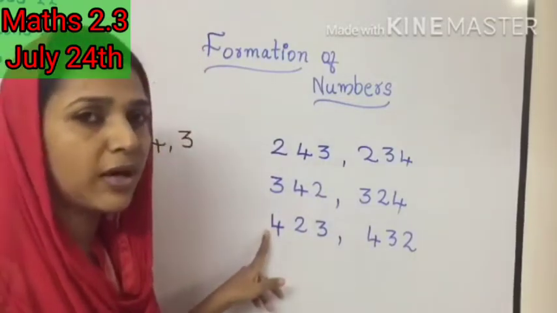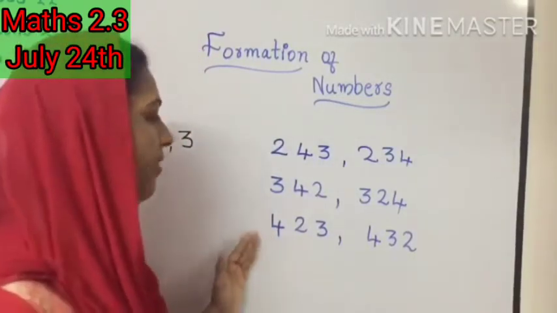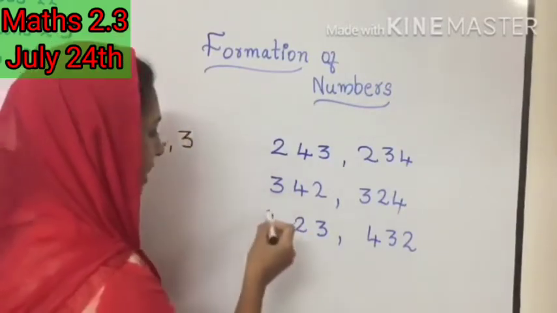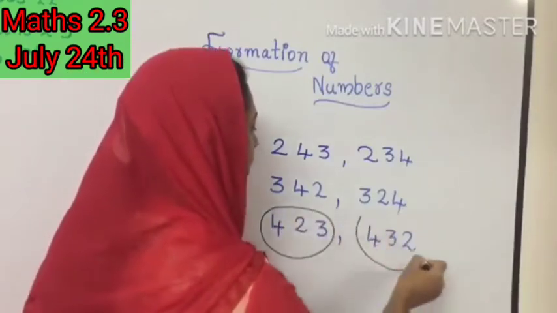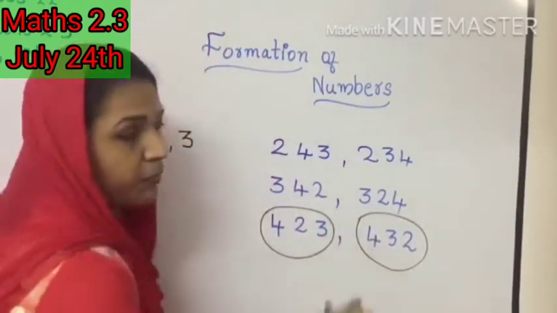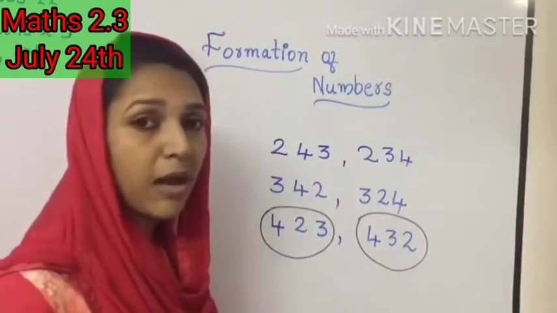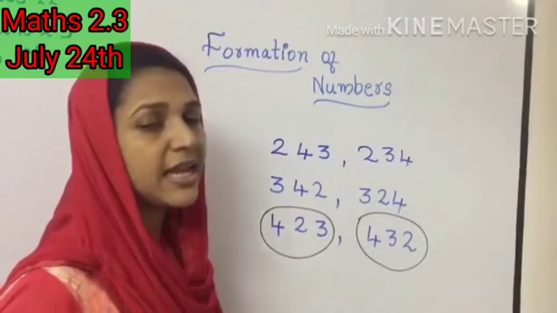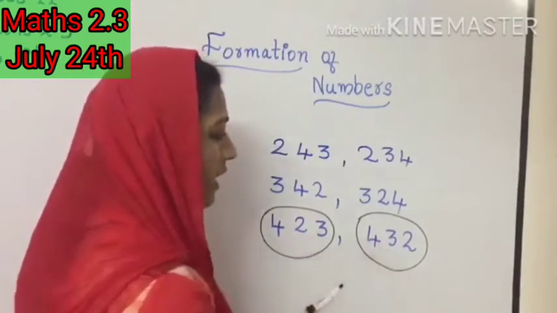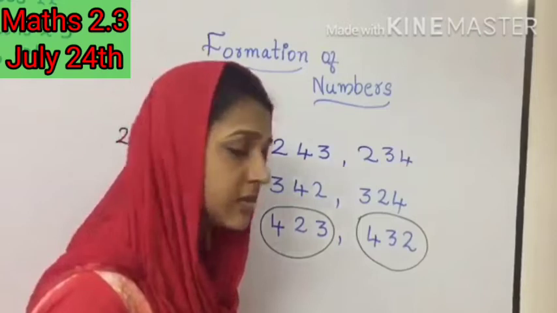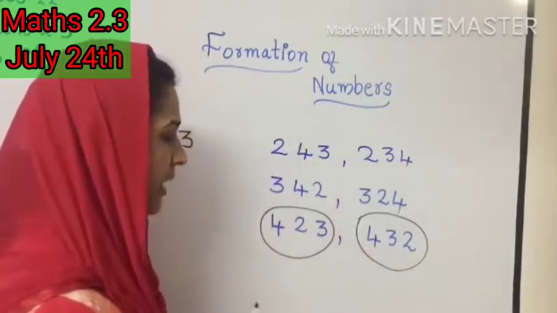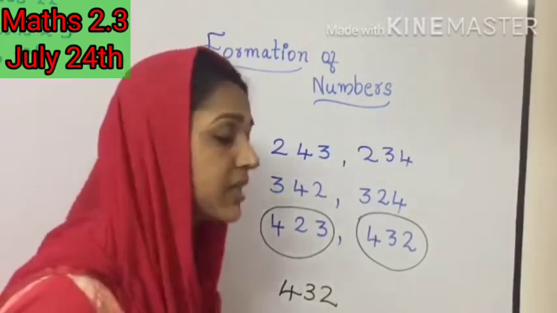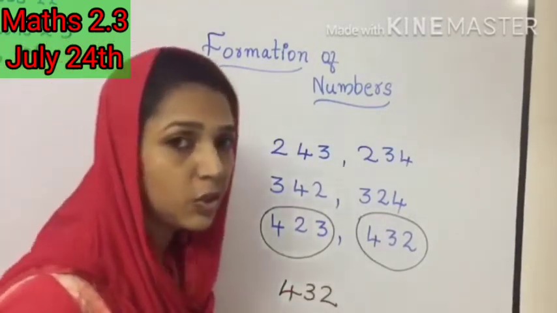So, starting with 400 will be the greatest number, and we have 2 numbers by using 4 on the 100 place. 423, 432. 4 and 4. We studied how to compare 2 numbers. Here 4, here also 4. So, we have to check next place. Here 2, here 3. Which one is greatest? Of course, 3. So, the greatest number is 432.